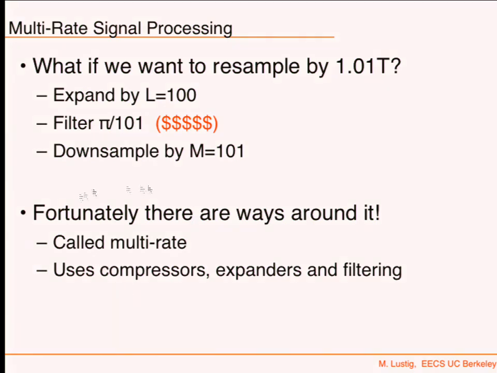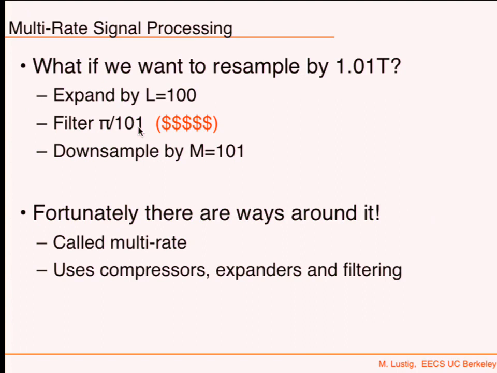But if, let's say, I want to do something like resample by 1.01 because I have a clock drift of 1%, then what do I do? According to last lecture, you need to expand by a factor of 100, then filter by pi over 100, which is really expensive if you think about this, because now if you want to do a filter for a high sample rate, you need more taps. It needs more coefficients in order to be a sharp filter. So that filter is going to be applied to the higher rate.